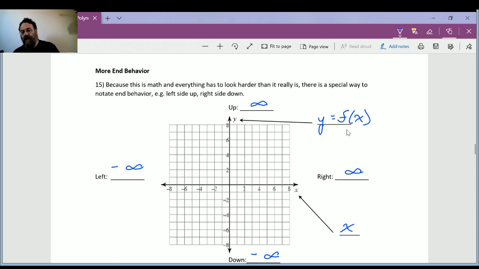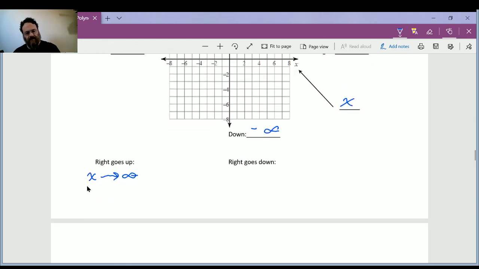Up is your f of x, and that's infinity. So we'll say f of x approaches infinity. Okay? Not really doing anything different, it's just notating it differently. And you can look at this chart at any time to help you out with that. You can just sketch it at any moment.